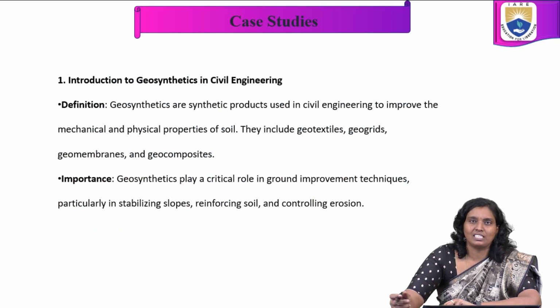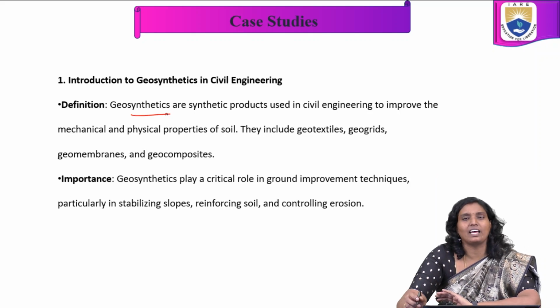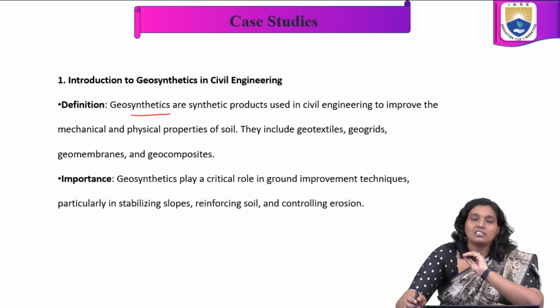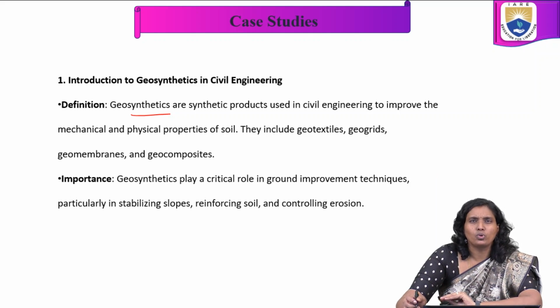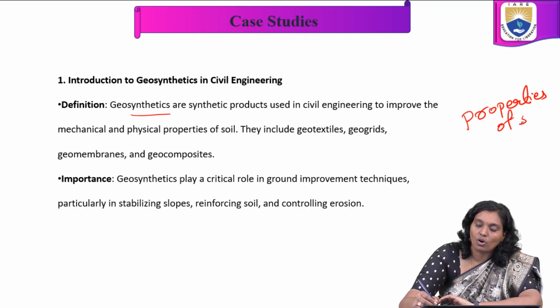Introduction to geosynthetics in civil engineering. As a civil engineer, geosynthetics are synthetic products which are used in civil engineering to improve the properties of the soil, or to modify soil properties.